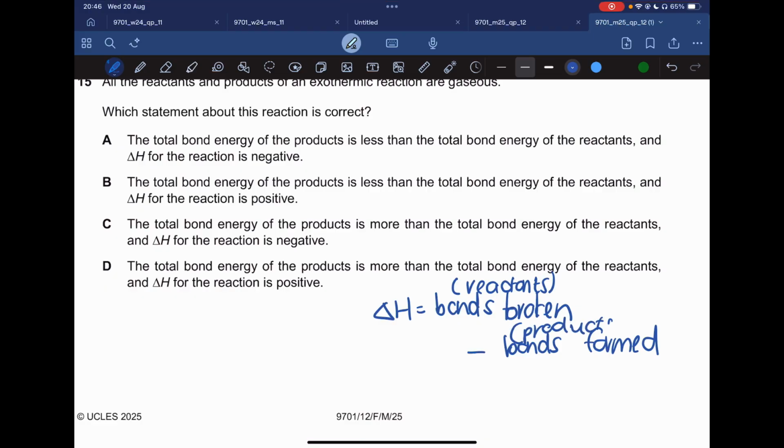If you are saying that it is exothermic, that means that the bonds formed part has to be much greater than your bonds broken. So the bond energy of your products has to be more than the bond energy of your reactants, and delta H is negative because it's exothermic.